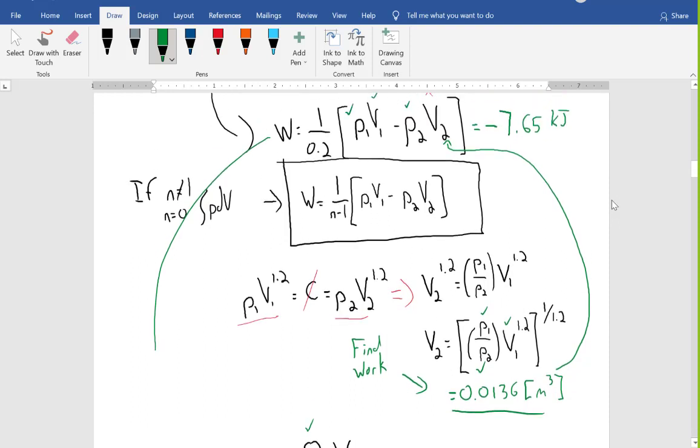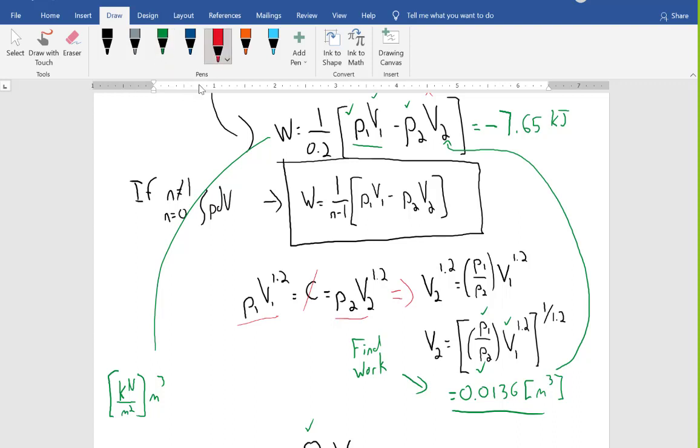And we can see why I did this in kilopascals, or at least I'll show you the units. Here we have our pressure in kilopascals, which is kilonewtons per meter squared, multiplied by volume, which is in meters cubed.